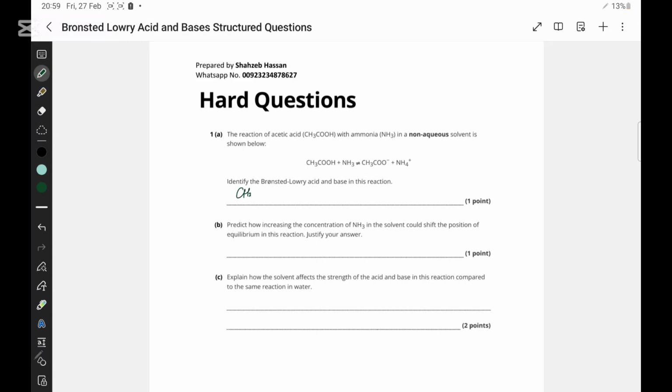So basically CH3COOH is a Bronsted Lowry acid because it is a proton donor, while NH3 is a Bronsted Lowry base because it is a proton acceptor.